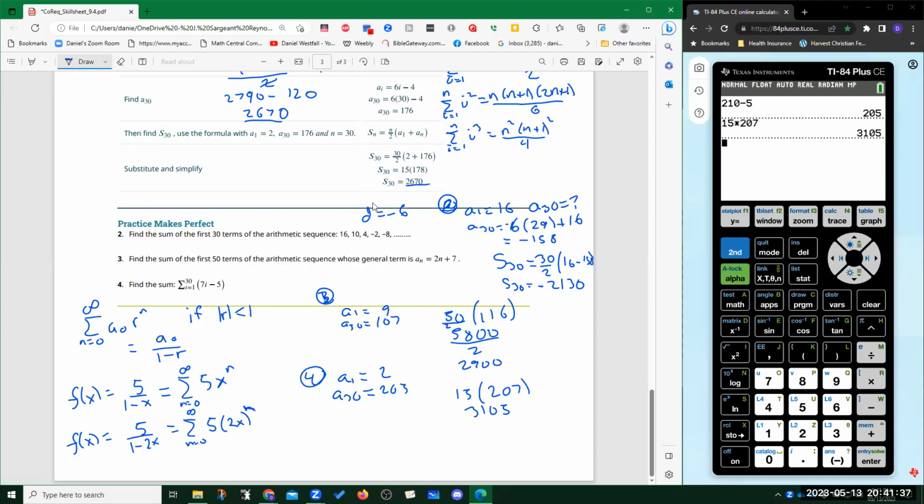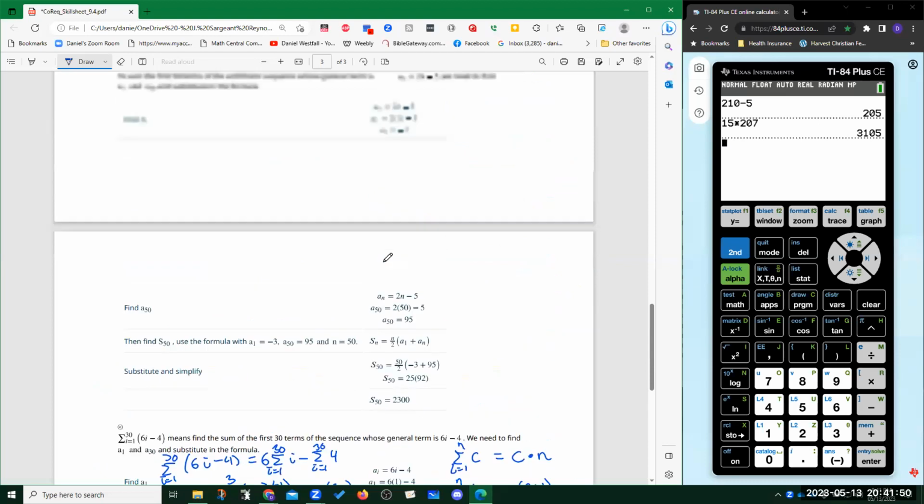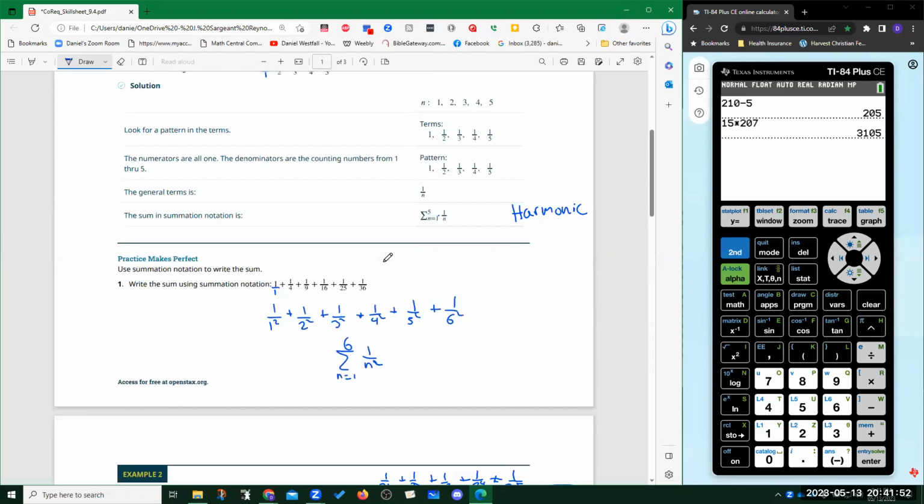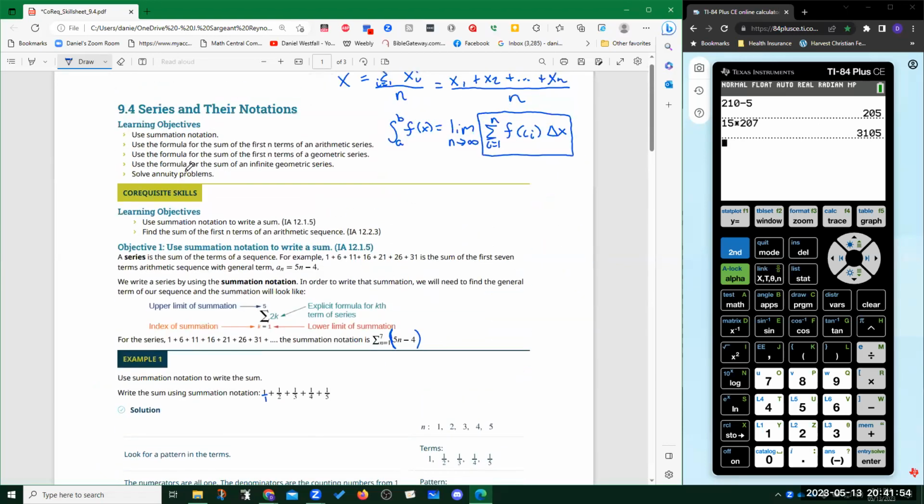So I can take a function and write it as an infinite series, and I can go from an infinite series and write it as a function like this. That's something that we do in calculus 2 a whole lot. It's pretty neat. So I think that's what they were talking about here when they were talking about using the formula for the sum of an infinite geometric series.